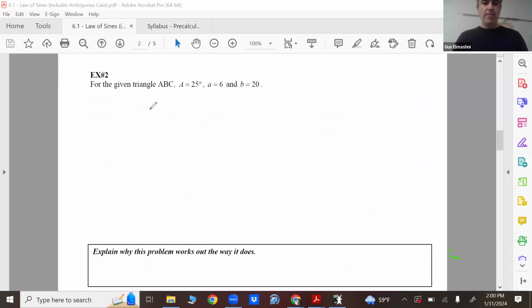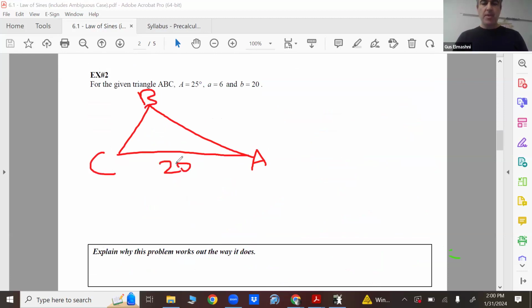All right, so let's draw. Try to be as accurate as possible if you can. A, B, C. So this is 20 because it's opposite angle B. This is 6. This is 25 degrees. Great. Okay, well, let's work it out.